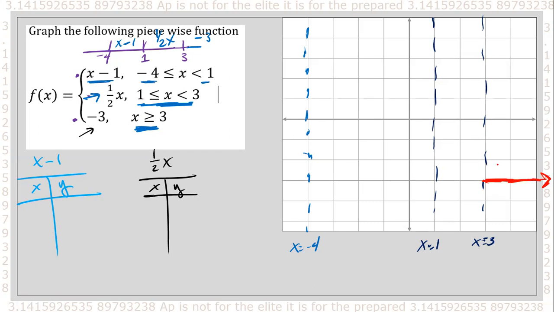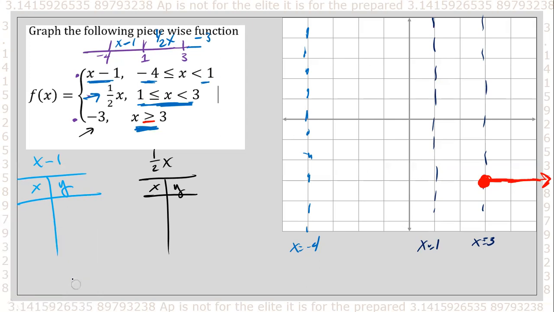It could be 4, it could be 10, it could be 10,500, it could be 1,000,003, and it'll be like that. Keep in mind this has a solid dot because of the brackets. I'm going to put my solid dot and make it noticeable because my function does not exist to the left, or when x is less than 3. Okay, so that's why I'm not going to do that table, but we can do the rest.